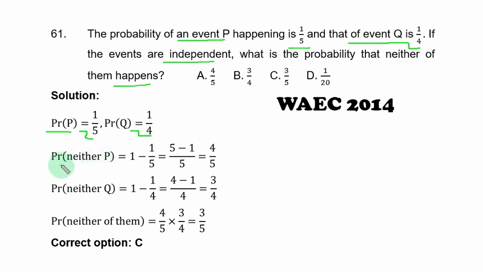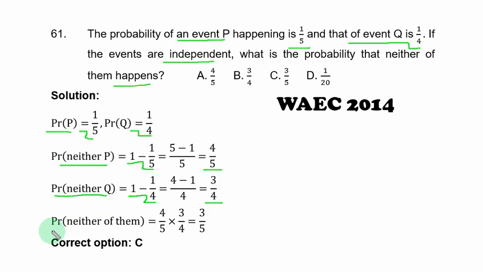So probability P will not happen is 1 minus P will happen, and that is 4 over 5. Probability Q will not happen is equal to 1 minus Q will happen, 1 over 4, and that gives 3 over 4.